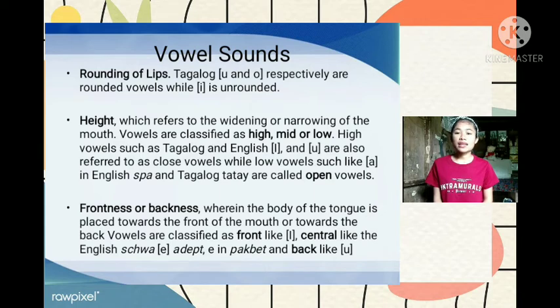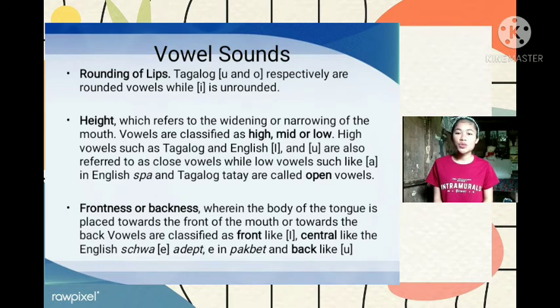Frontness or backness is where the body of the tongue is placed towards the front of the mouth or towards the back. Vowels are classified as front, like i; central, like the English schwa, e, as in adept, and pakbet; and back, like u.